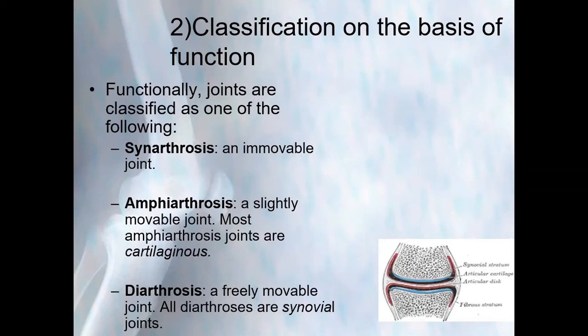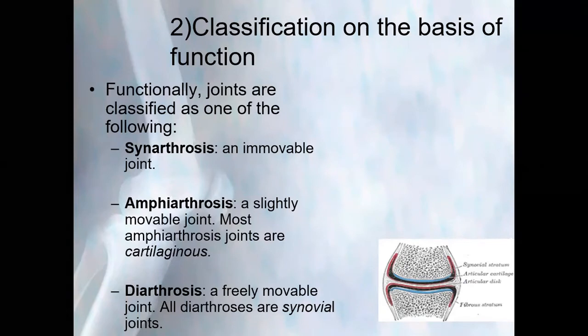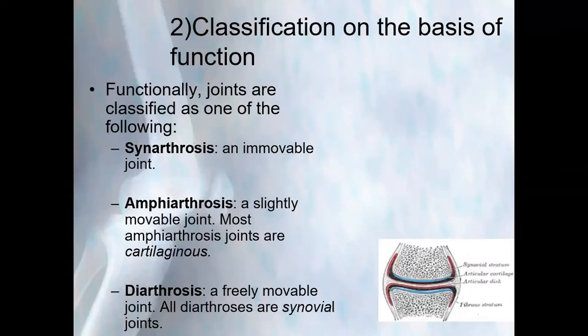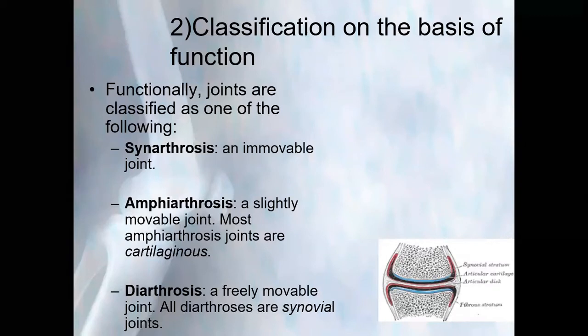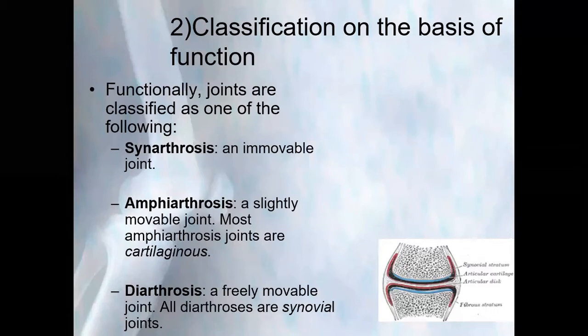Similarly, amphiarthrosis is a slightly mobile joint; the secondary cartilaginous joints come into this category. Diarthrosis joints have multiple movements. For example, all the synovial joints come under the category of diarthrosis. This is the second category of joints, on the basis of function.